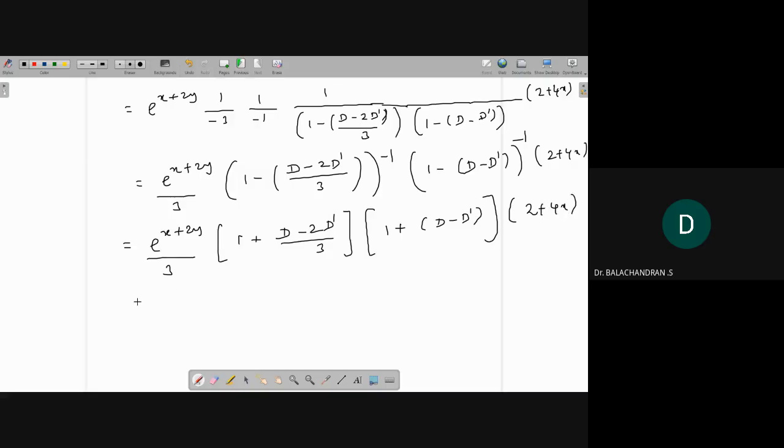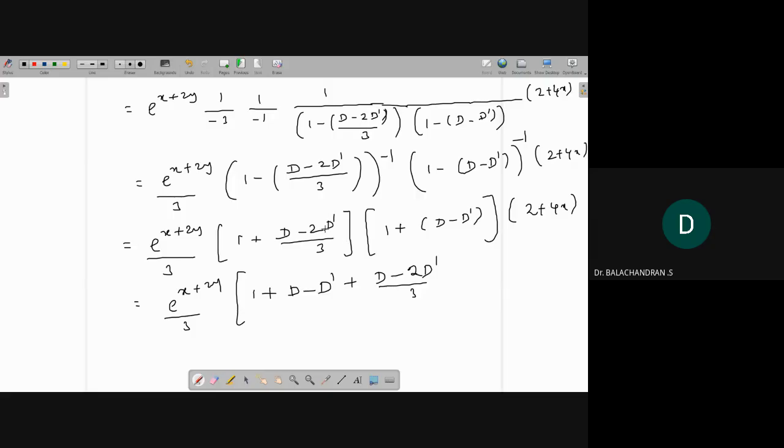Okay. Now, here e power x plus 2y by 3. Now, I'm going to multiply 1 into 1. So 1 plus 1 into D minus D dash, so D minus D dash, plus D minus 2D dash by 3 into 1, D minus 2D dash by 3.